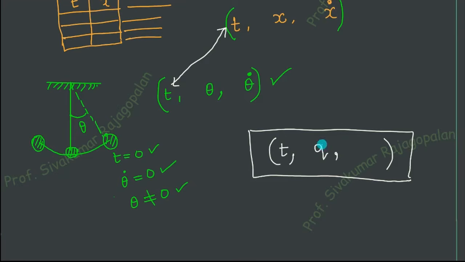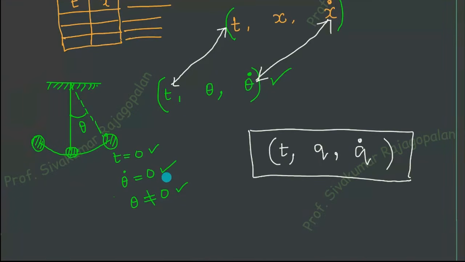Generalized means we don't say that it has the dimension of meter. We don't say that it has dimension of radians. We don't say anything. We do not know, it can be anything. That is called general. So it is generalized. And if that is the situation, then what will happen to the theta dot? So here theta dot is there and here you have an x dot. So what shall I write here? That should be the time derivative of the position. So therefore it becomes q dot.